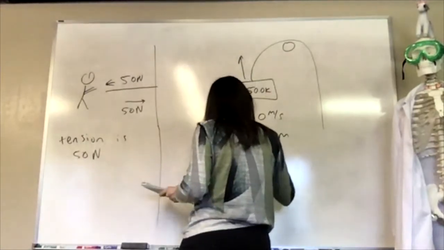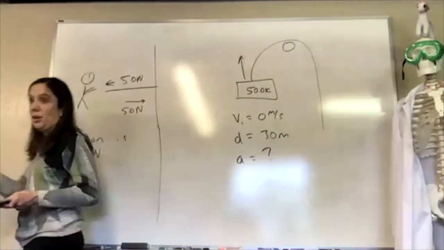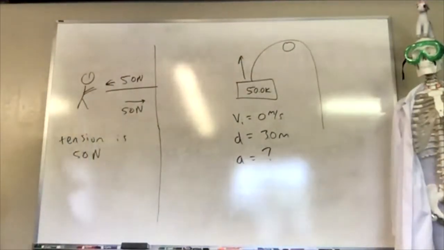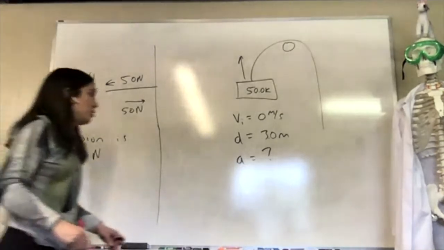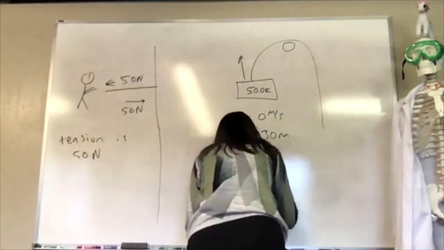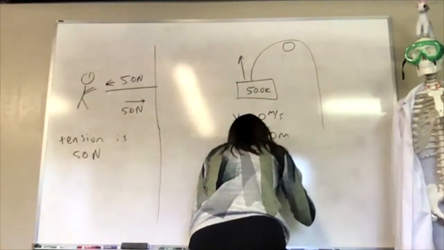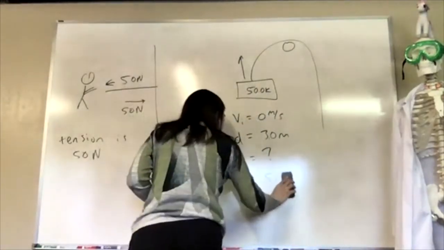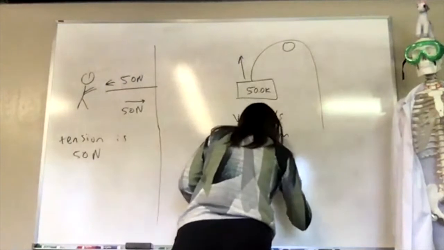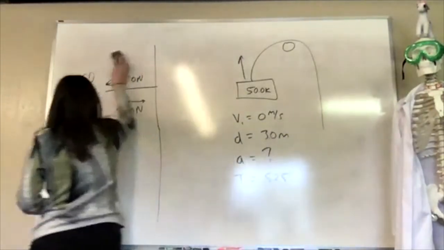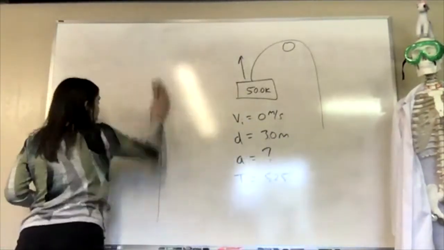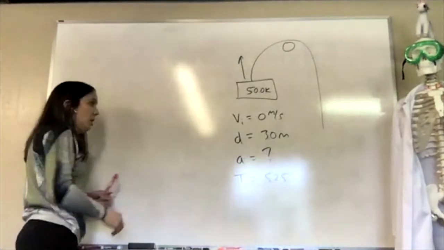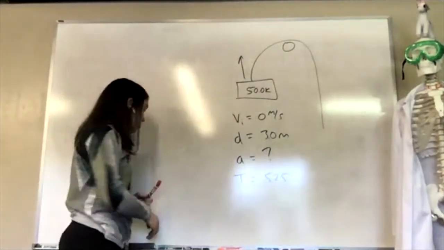Acceleration is constant, so we know it's a number, but we don't know what it is. It's not 0, and we're not given the number for that. We know that tension can be up to 525 newtons before it breaks. What we want to know, though, is how much tension it actually experiences.